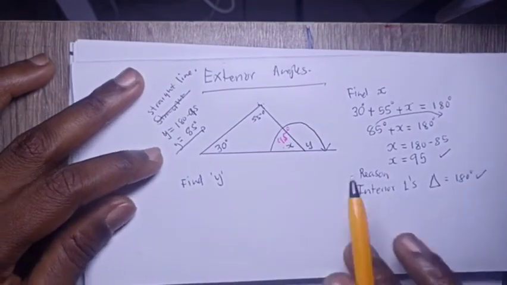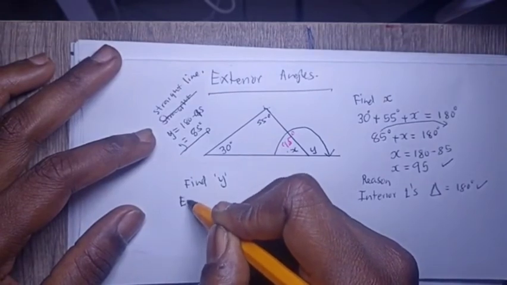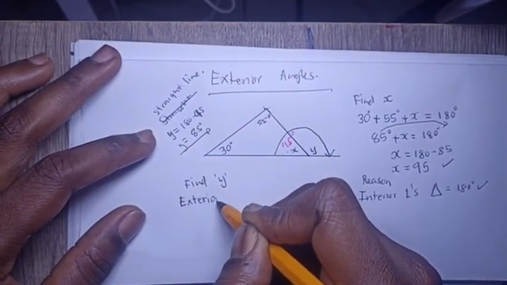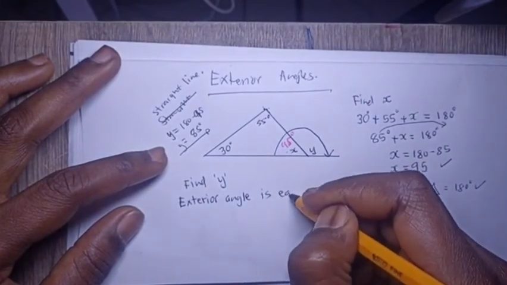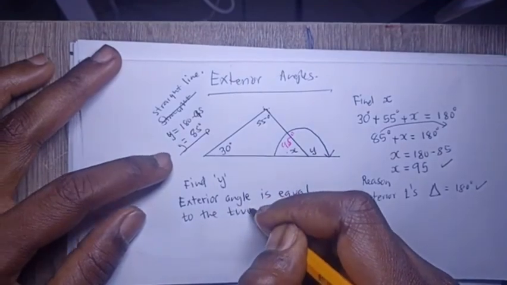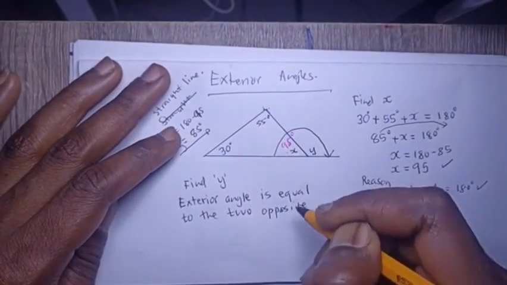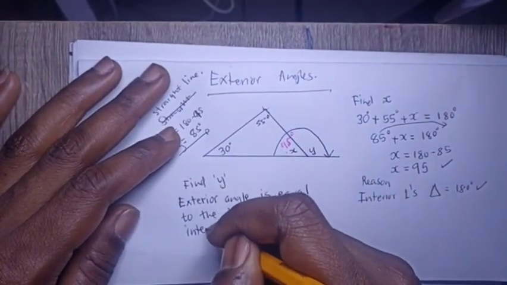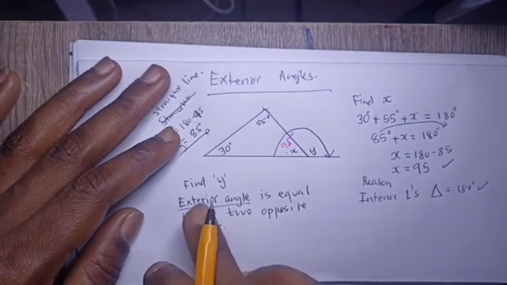But we're going to use this special rule. Let me write it out. It says the exterior angle is equal to the sum of the two opposite interior angles. Underline the word exterior, the angle outside.